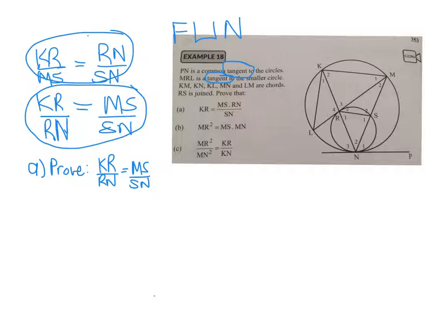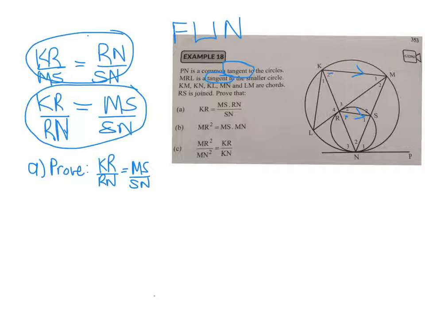So I want to prove these two are parallel. So I either want to prove RN is equal to K2 or M1 is equal to R2. Let's have a look. I'm going to go and have a look for this tangent chord.